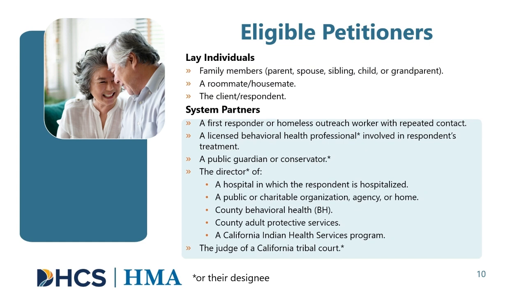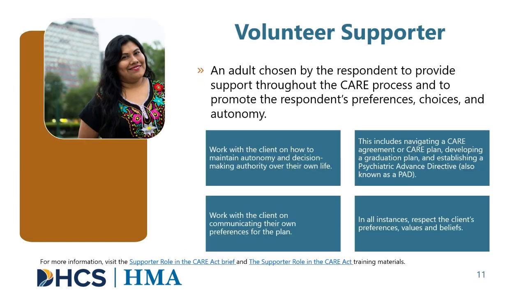The petitioner can also come from a number of system partners, which could include a first responder or homeless outreach worker who has repeated contact with the individual, a licensed behavioral health professional involved in their treatment, a public guardian or conservator, or the director of a number of organizations or programs. It could also include the judge of a California tribal court. Note that for many of these individuals, this could include their designee.